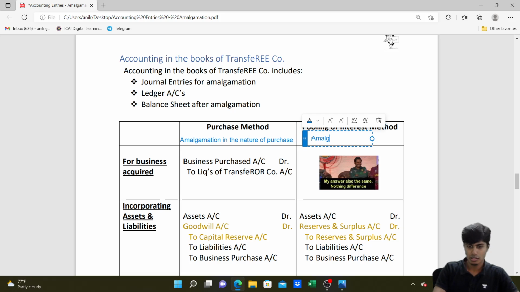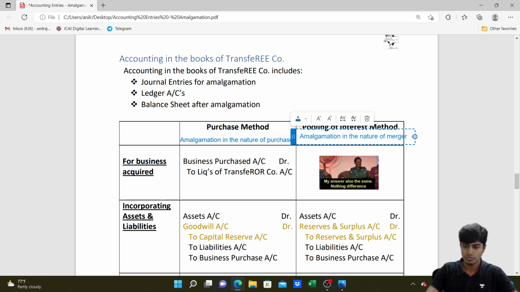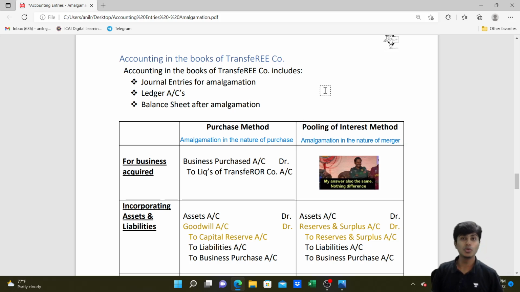And when it is amalgamation in the nature of merger, we follow pooling of interest method. And I hope you remember how to decide whether it is purchase or pooling. We do it based on the 5 conditions. If you've forgotten it, go back to watch part 1 to understand what it is.